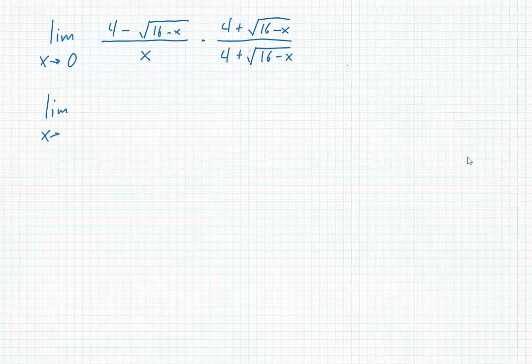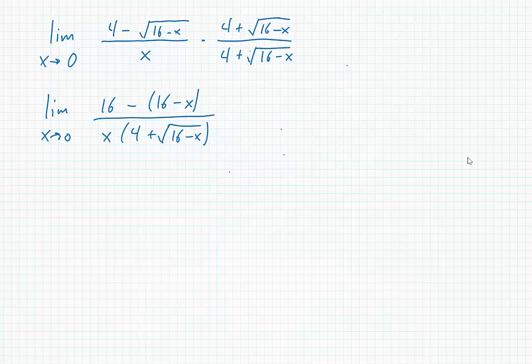This is going to give us a difference of squares in the top, so we're going to end up with 16 minus (16 minus x). That's going to be divided by x times 4 plus the square root of 16 minus x.